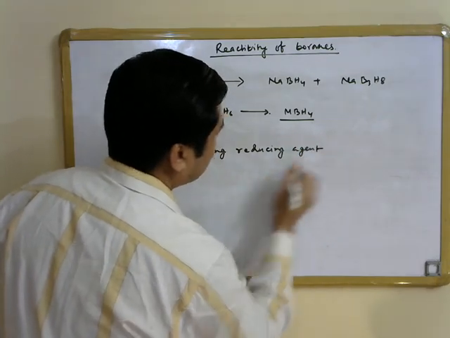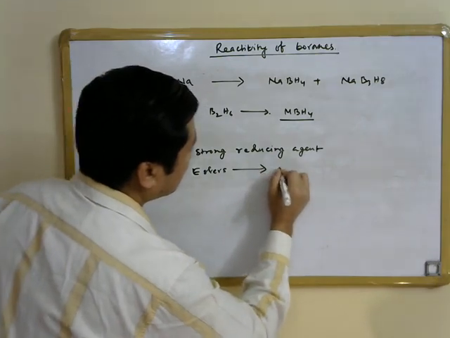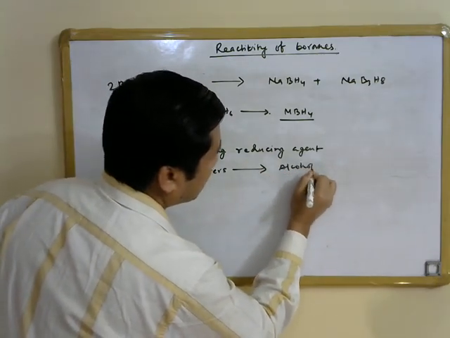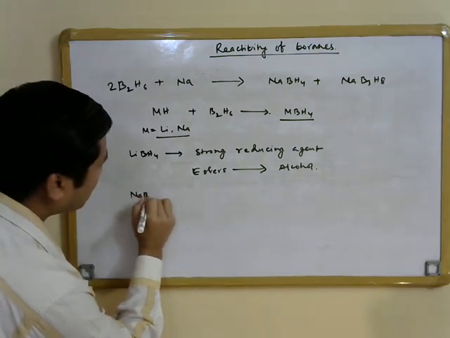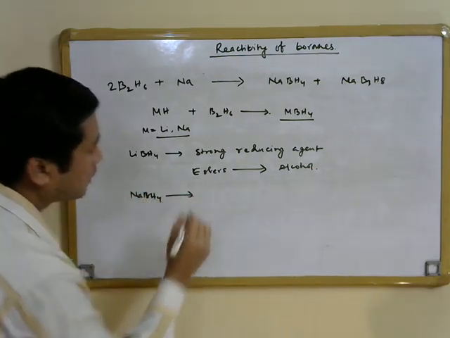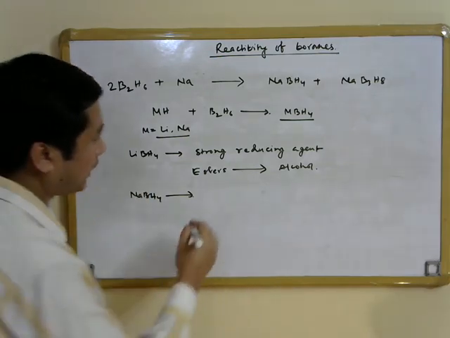In fact, it can reduce esters to alcohol. But when we use sodium borohydride, it's a relatively weaker reducing agent than lithium borohydride.